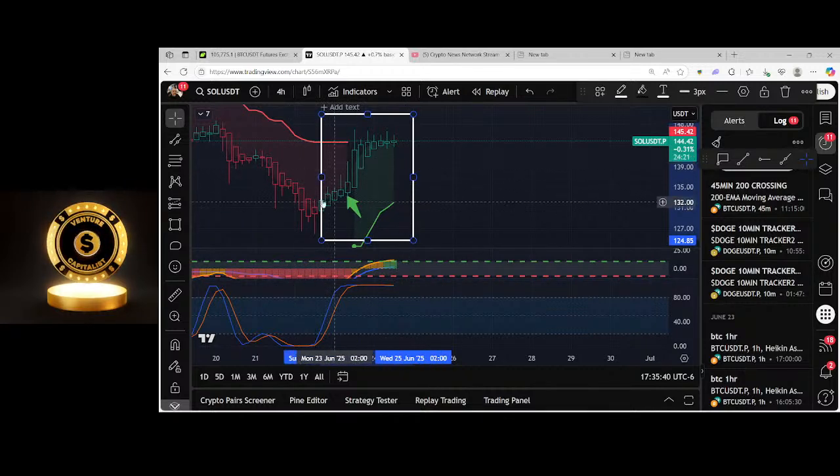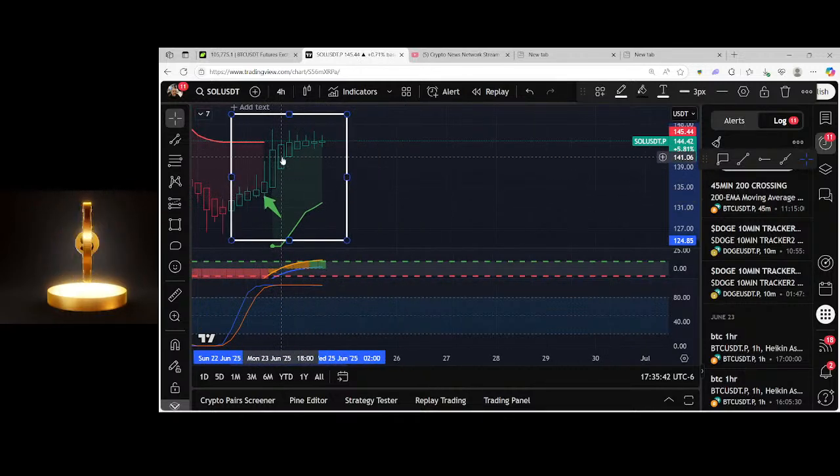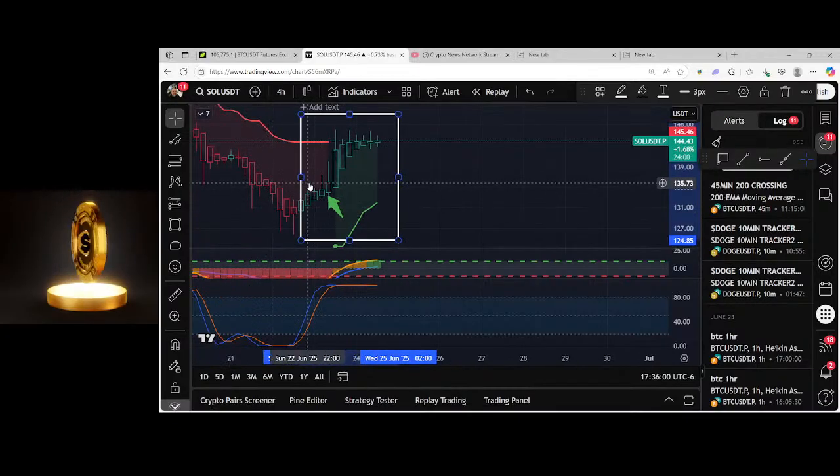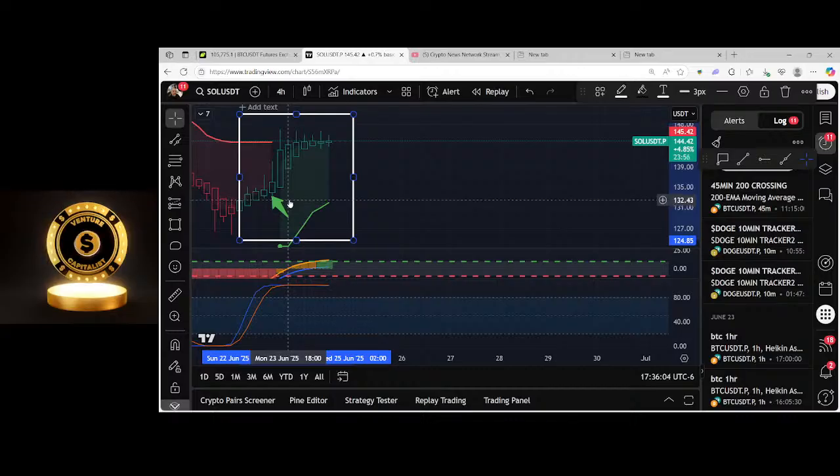Now, once you're at the top of that white box, you've got to remember, guys, there's only so much money that goes into crypto. There's only so much money in the market cap. So once that market cap is kind of filled, Solana can't go up unless somebody sells a bunch of Bitcoin and buys Solana, or the people that made money in this white box.